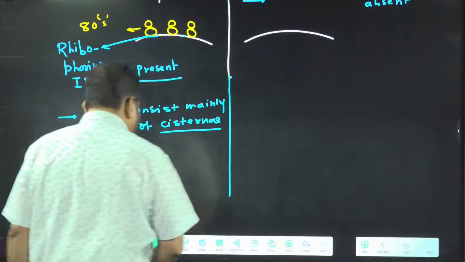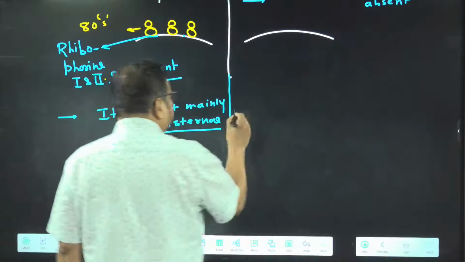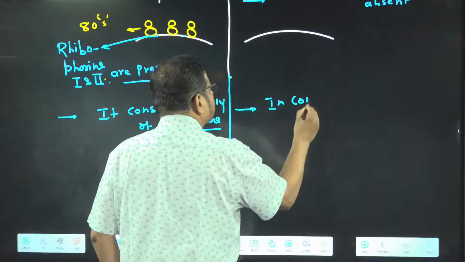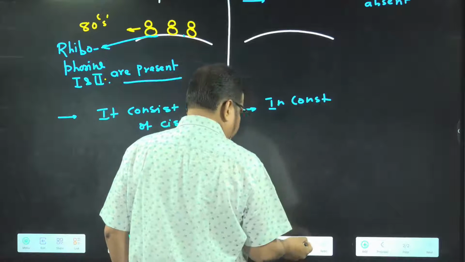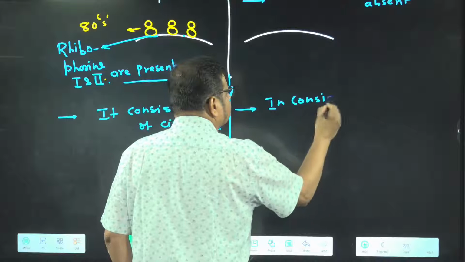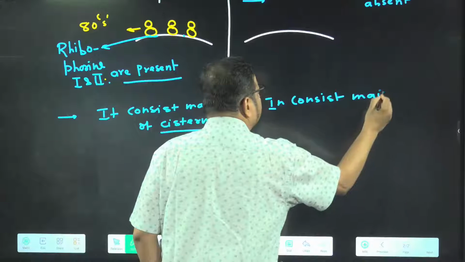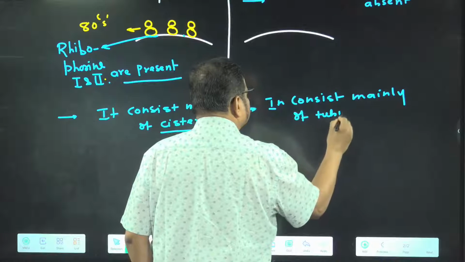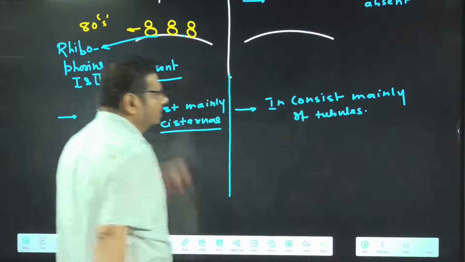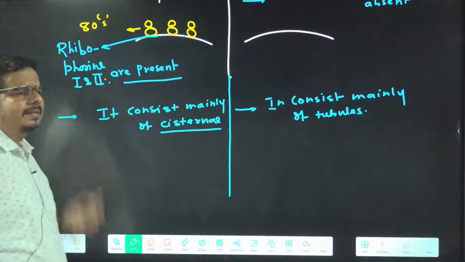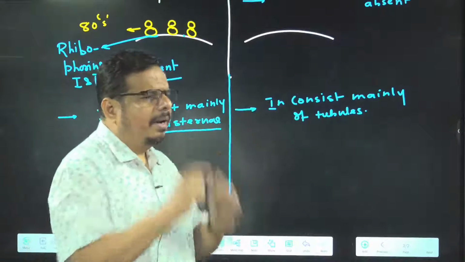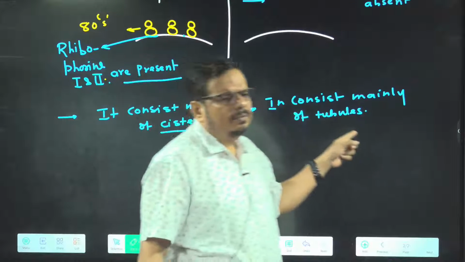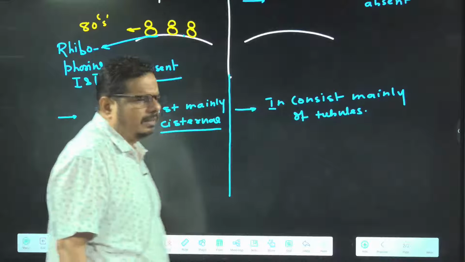And here the major component is what? In SER, it consists mainly of the tubular part, mainly of tubules. Getting the thing? This doesn't mean another part is not there. Another part is also present, but the cisternal part is more in RER and the tubular part is more in smooth endoplasmic reticulum.